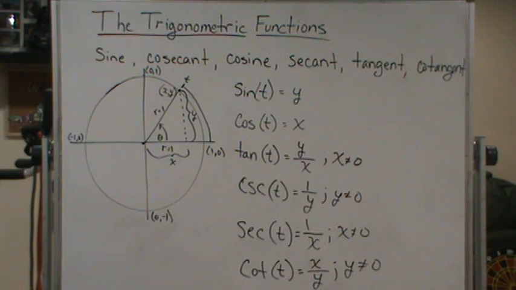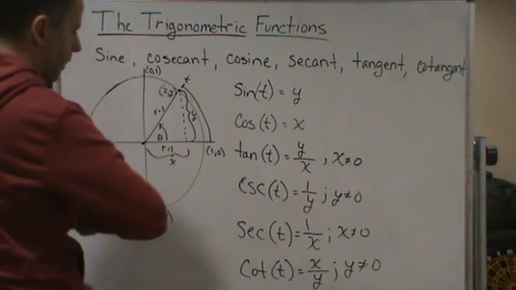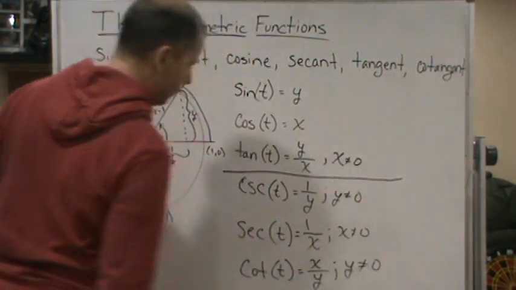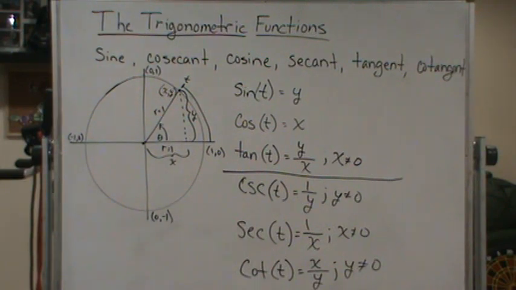Note that the functions in the second half, I'll put a partition here, the functions in the bottom half are the reciprocals of the corresponding functions in the top half.